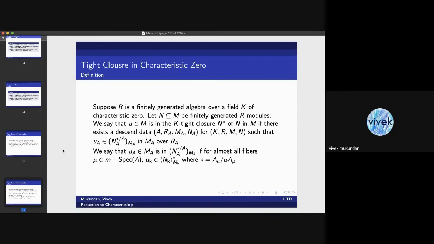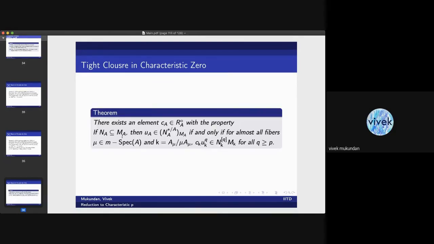But Hochster and Huneke proved a really important theorem, in fact a pretty deep theorem, which says that there exists an element c_A in R_A such that if N_A is contained in M_A, and you want to test if u_A is in N_A star, you can look at c_K u_K^q being in the Frobenius power N_K^[q] in M_K^[q] for all q big enough.